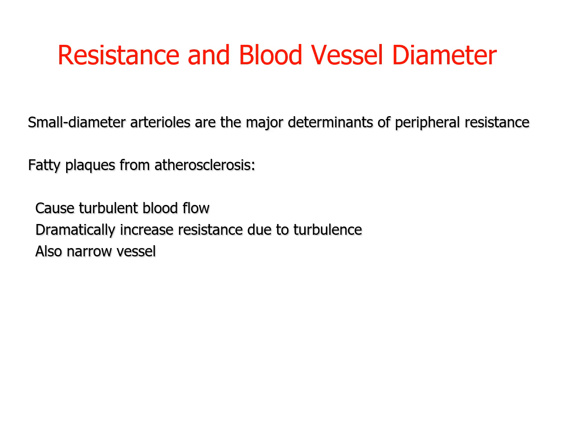Major determinants, as I've said before, are the arterioles, the smaller diameter arterioles, the major areas where you get peripheral resistance in the systemic circulation. A pathological problem that can reduce the diameter of a blood vessel is fatty plaque deposits due to a disease process called atherosclerosis, which occurs with age.